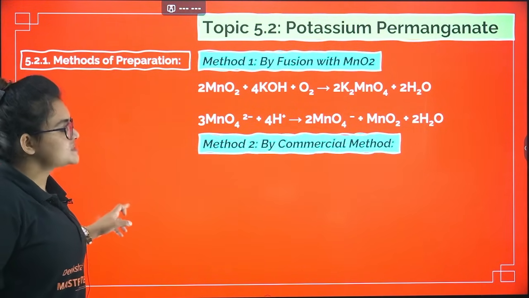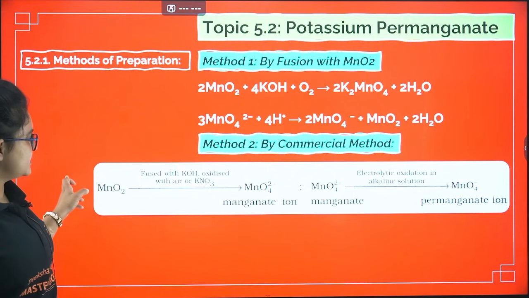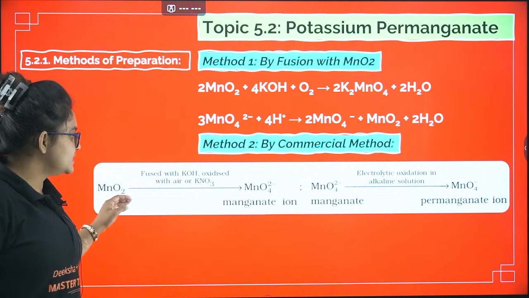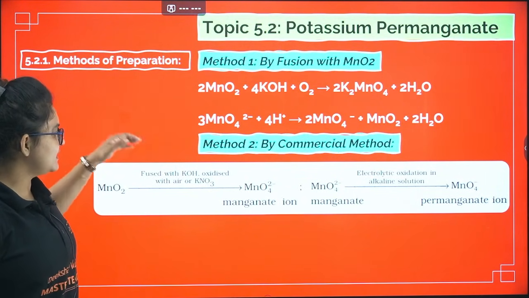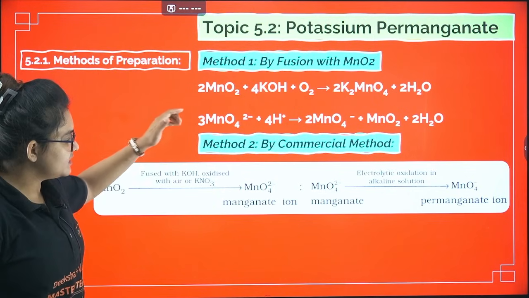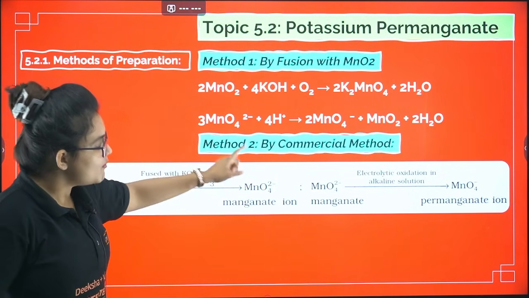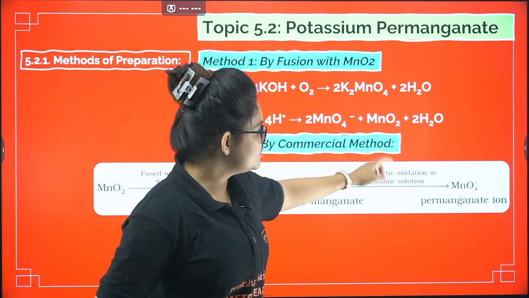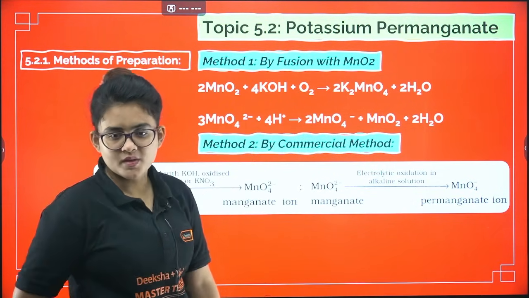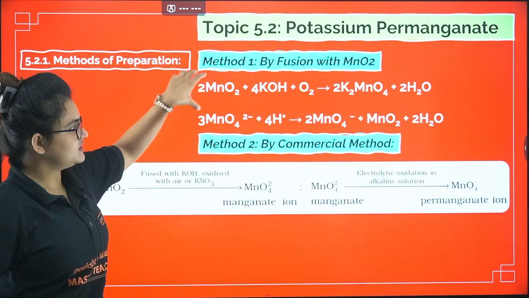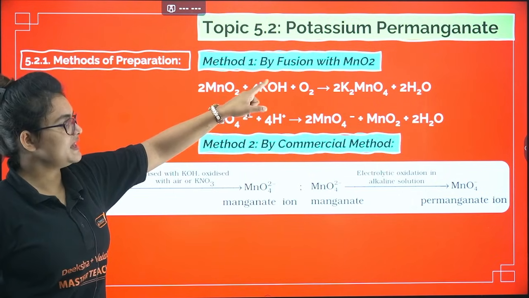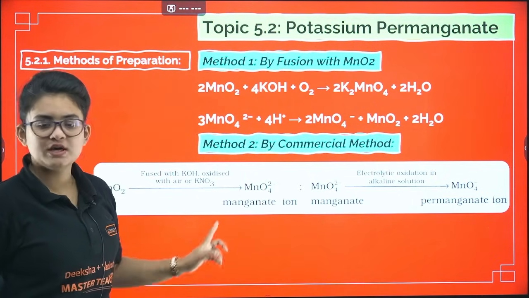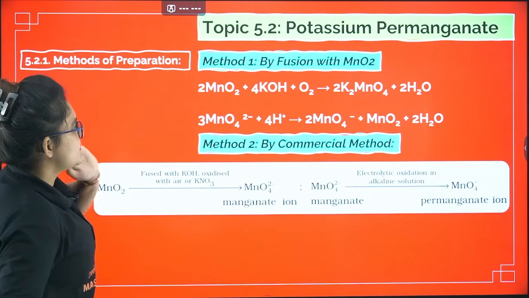Next, the commercial method of preparation: MnO2 is fused with KOH and oxidized with air or KNO3 to give the manganate ion. The manganate ion on electrolytic oxidation gives MnO4 minus. It's the same thing, the reaction by fusion of MnO2 with KOH, that's it.